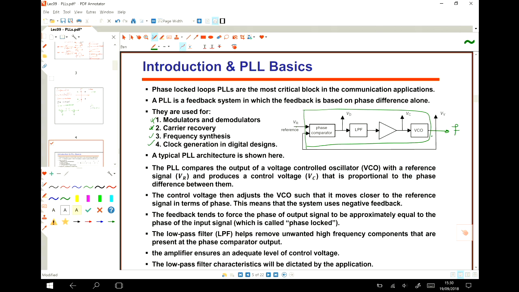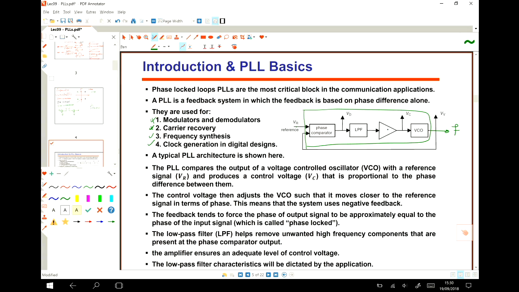So in this typical configuration you see that we have 4 elements. One is the phase comparator. I will talk about what the phase comparator is and what it does. Another is the filter to filter out those components that we don't need out of this phase comparator.